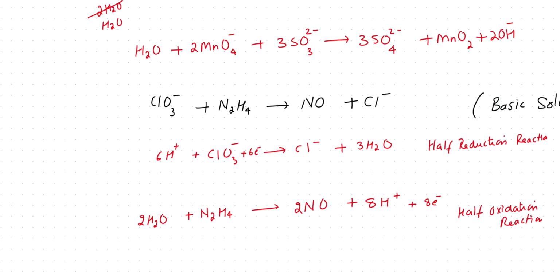We have to make them equal. So what number do you multiply by so that the electrons cancel? We can make it 24. To make 24, 6 times 4 is 24, so we multiply by 4, and 8 times 3 is 24, so we multiply by 3.